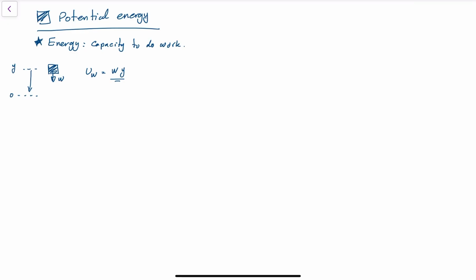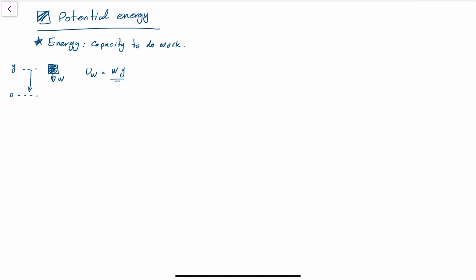And now you can see why this concept becomes relevant. Note that when we have this object above the ground or above some reference height to a height y, just because it is higher up, as gravity acts, the force of gravity brings the object down, it does work.